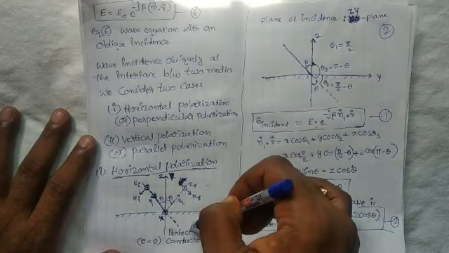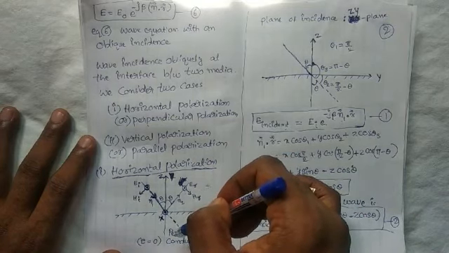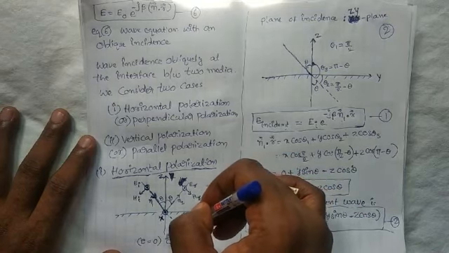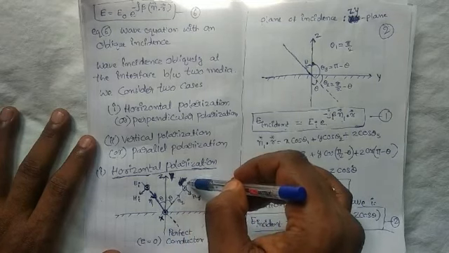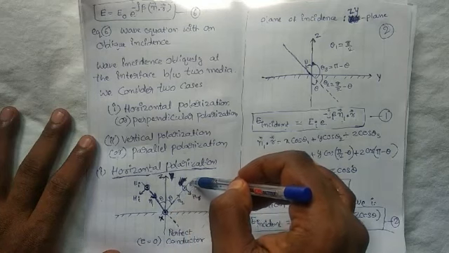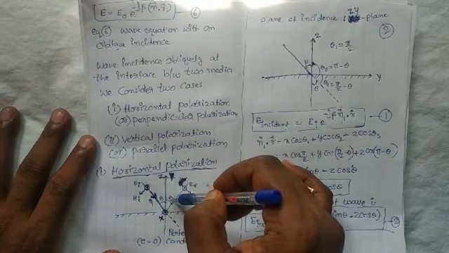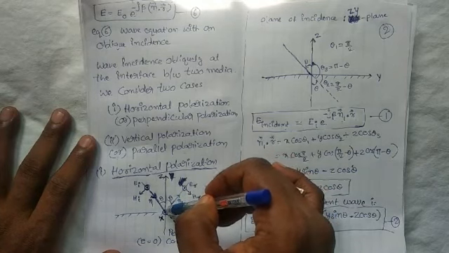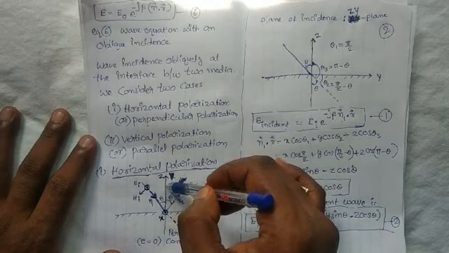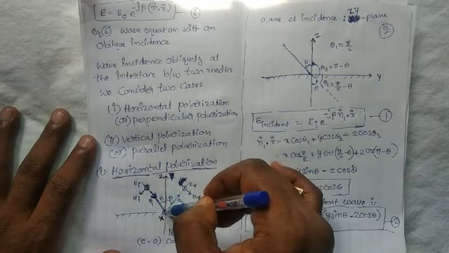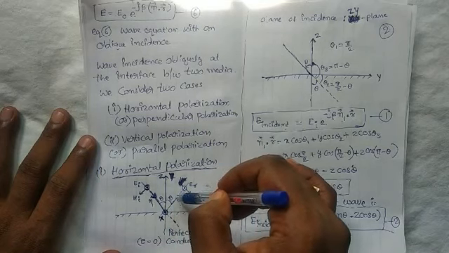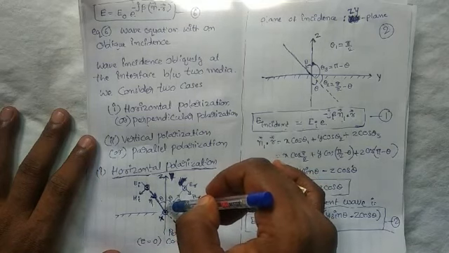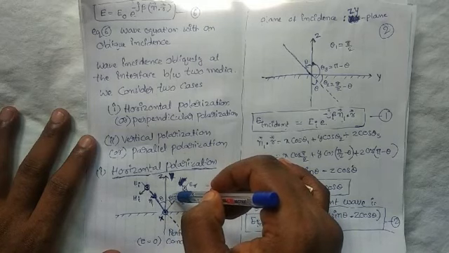For a perfect conductor, the electric field intensity inside the conductor is 0, which means the entire wave is reflected back with the same angle theta with the z axis.